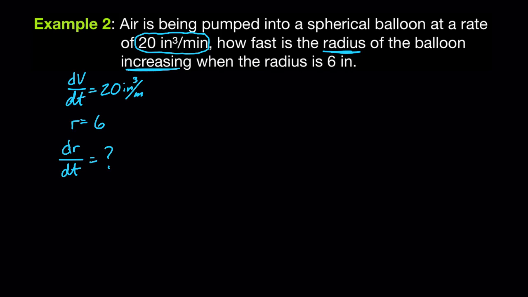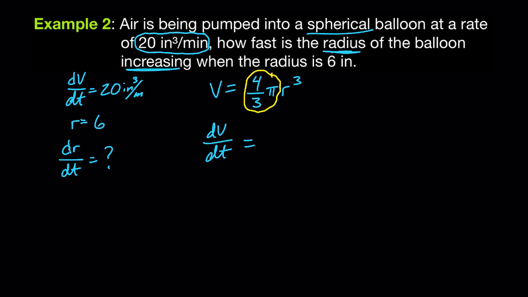Since dV/dt is given to us, we need a volume formula for a sphere, which is 4/3 pi r cubed, differentiating both sides with respect to time. Now remember that 4/3 pi, that is your coefficient. Pi is a constant. So when you differentiate this, it's just power rule.